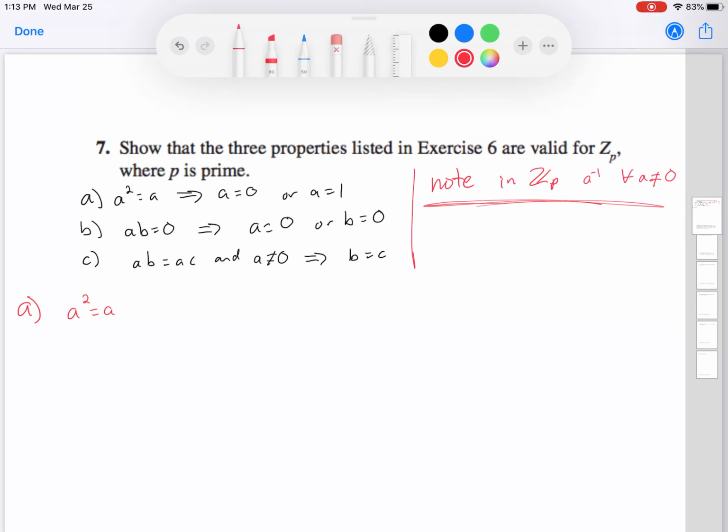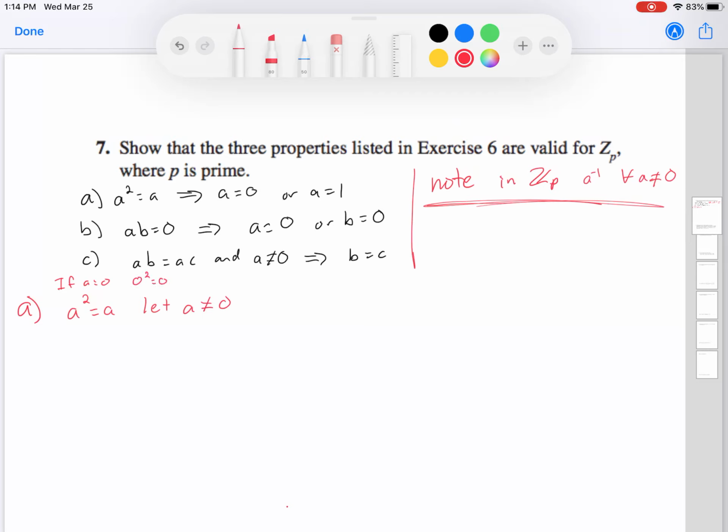We have a squared equals a. Let's let a be not equal to 0. Because if a is equal to 0, this is pretty simple, cut and dry, right?